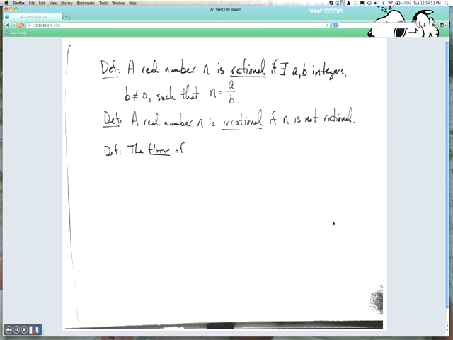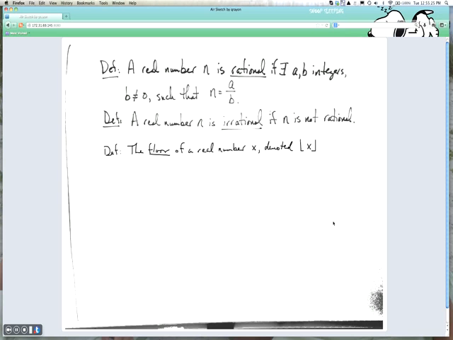The floor of a real number x. Okay, it kind of looks like the square brackets that we use for matrices and things, but you're leaving that top line off.